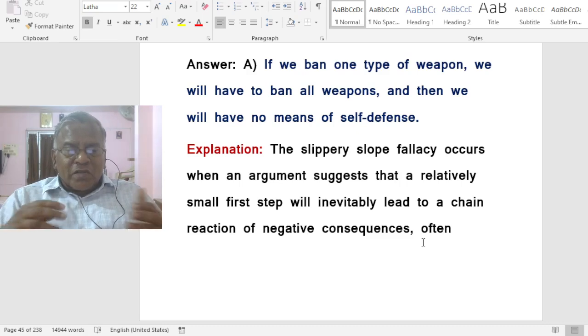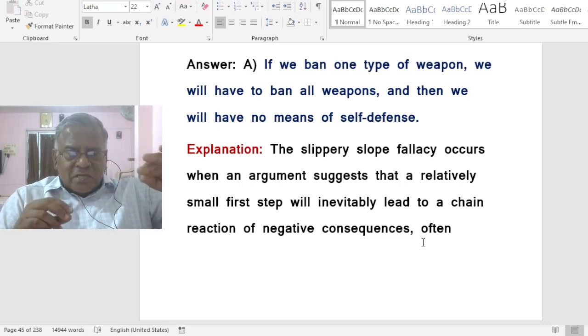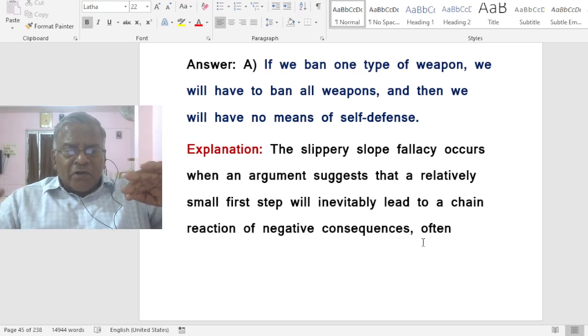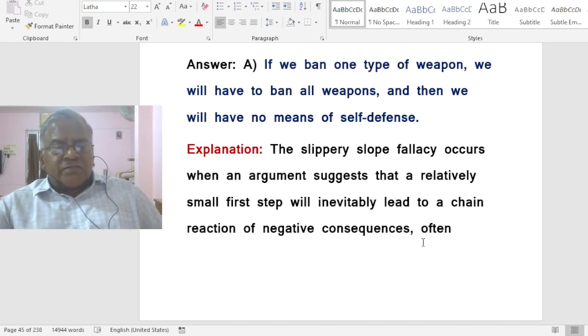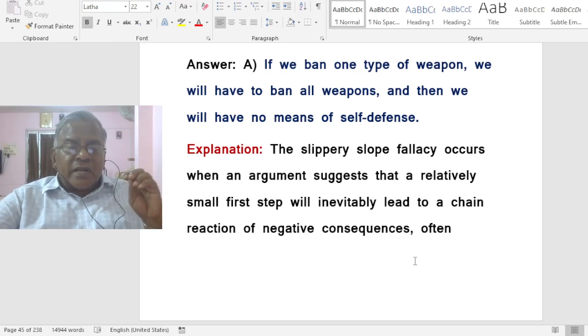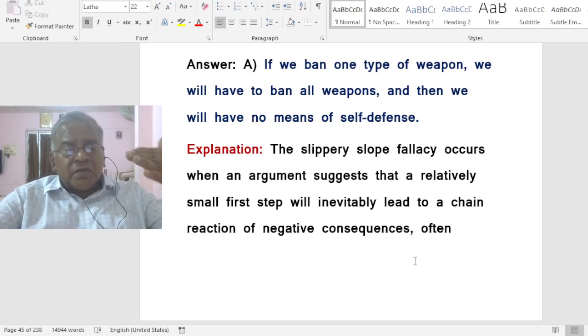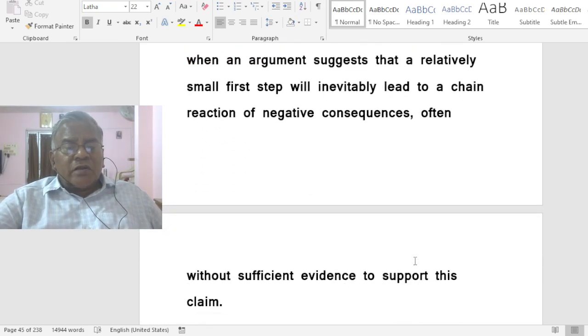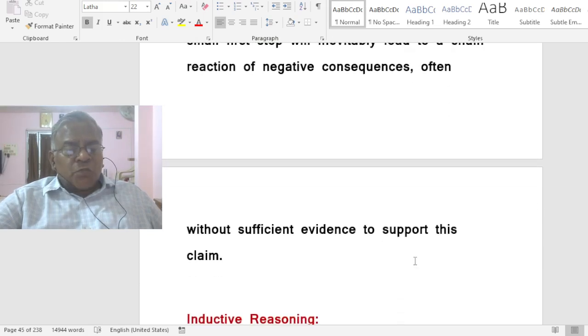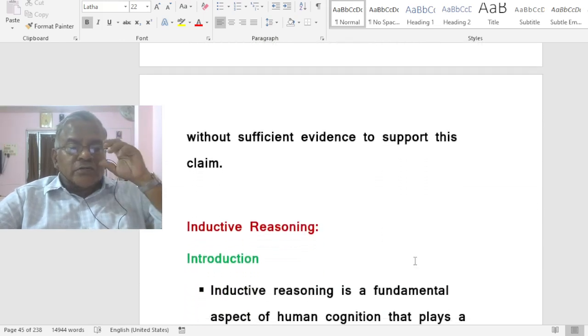So you are just basing on the first statement and going on building up false statements after that. The slippery slope fallacy occurs when an argument suggests that a relatively small first step will inevitably lead to a chain reaction of negative consequences, even without sufficient evidence to support this claim. I hope you understood this.